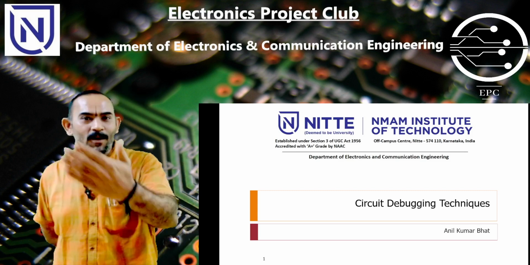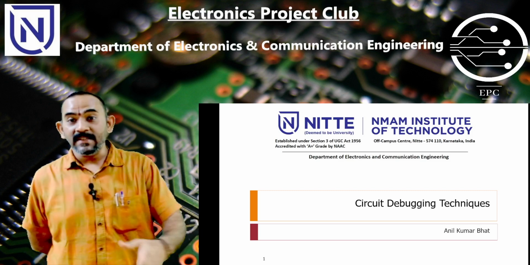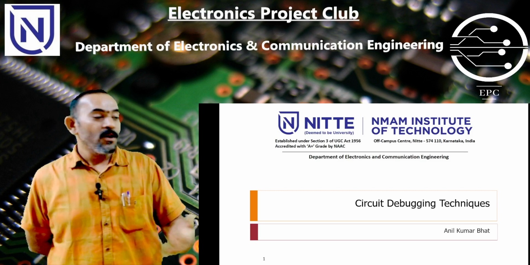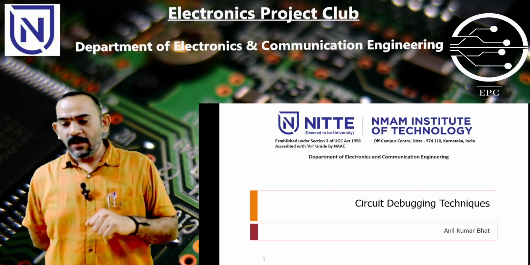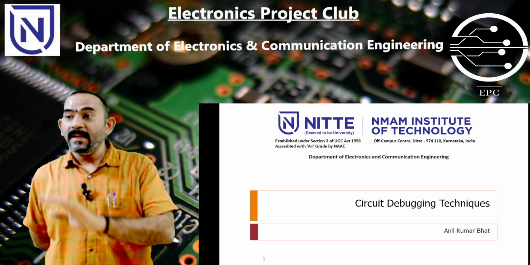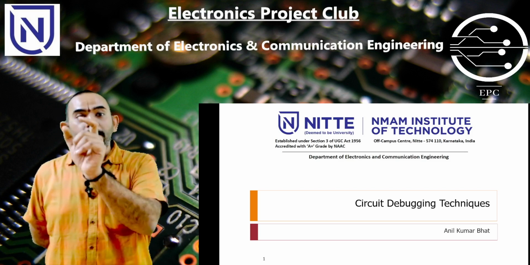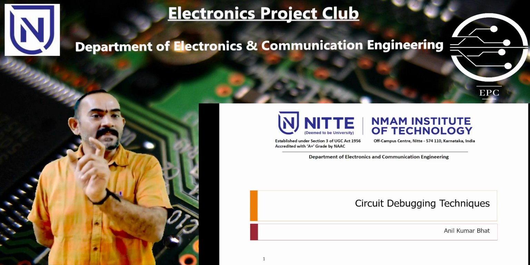Only thing is, now we want you to be better than us, so we are trying to bring this series where we make you more accustomed to testing as well as design. When you go out and join a hardware design or embedded design company, maximum time is kept for testing.